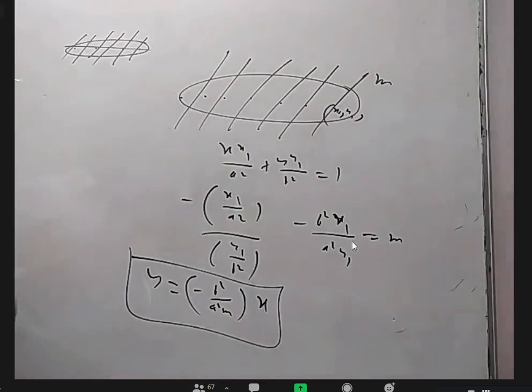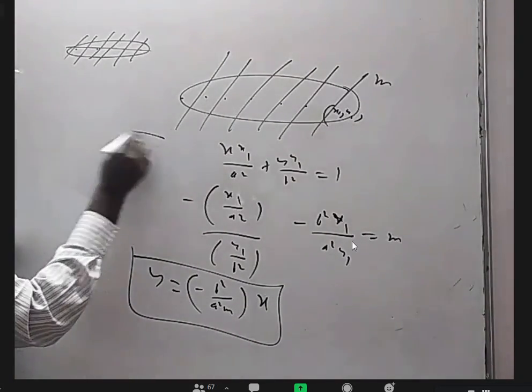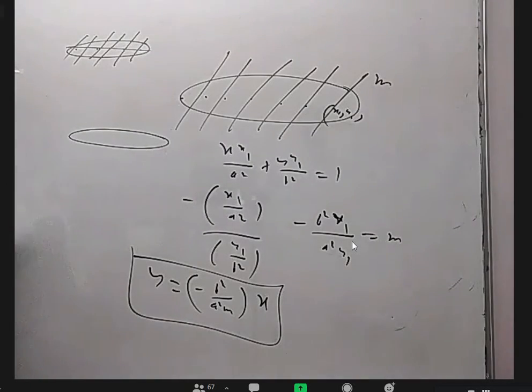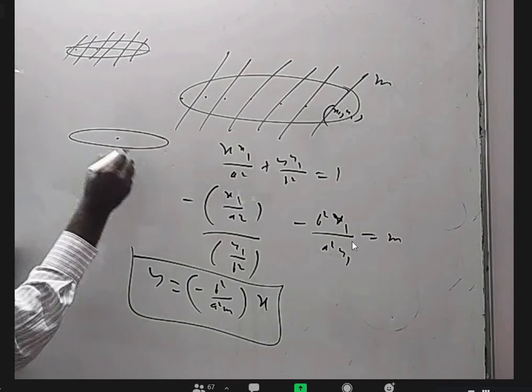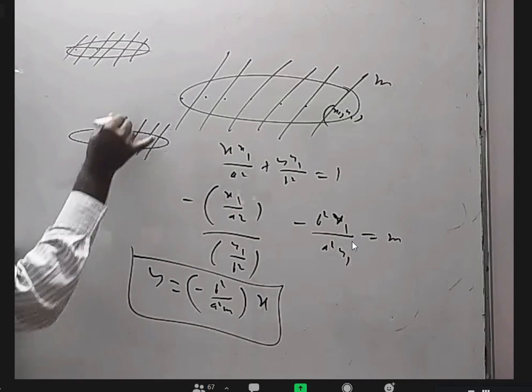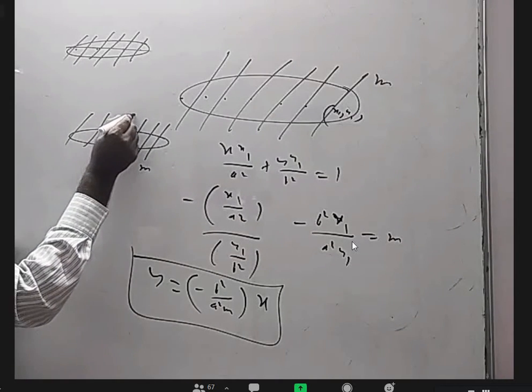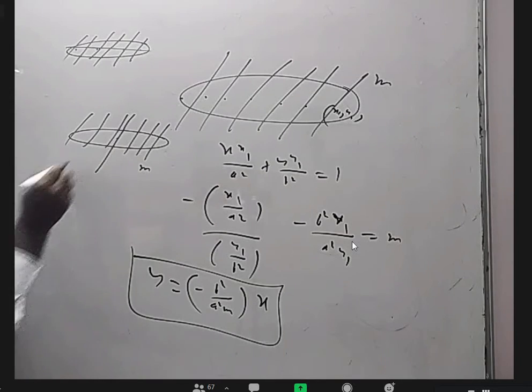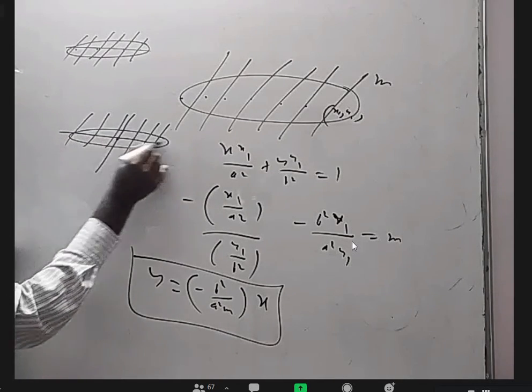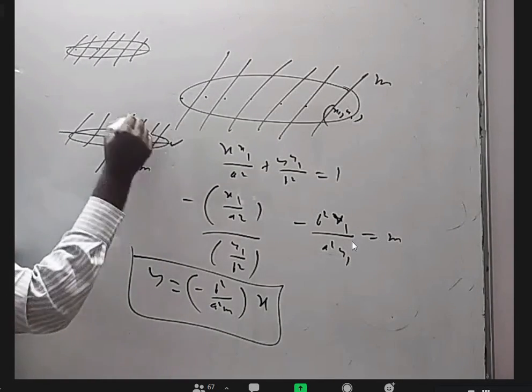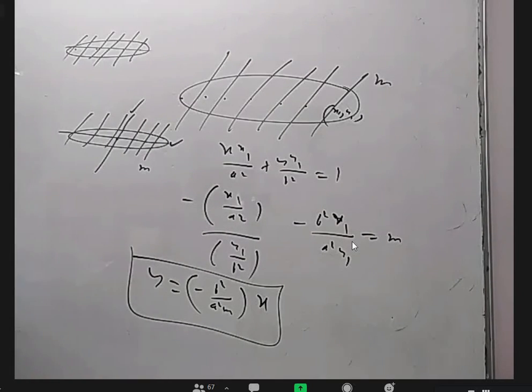Now there are two lines, they are called conjugate diameters. What is that? You take a lot of parallel lines which all have slope m, and in that one diameter is also there. Take all their midpoints, that is another diameter. This diameter and this diameter are called conjugate diameters. What does it mean?